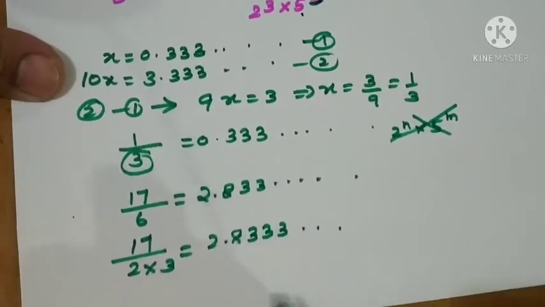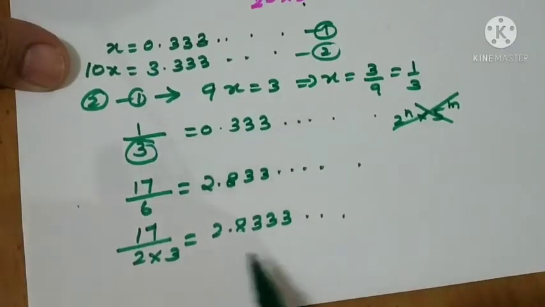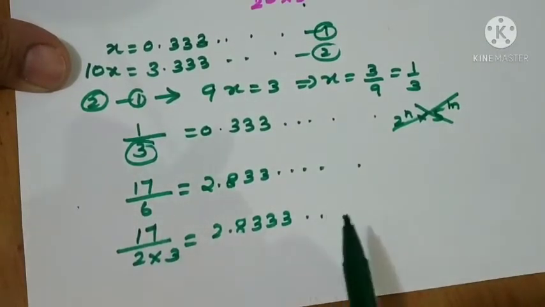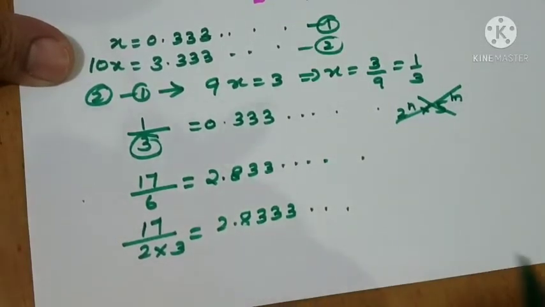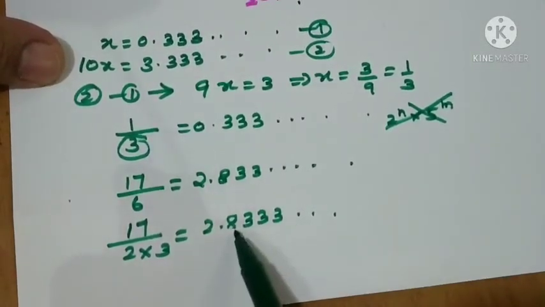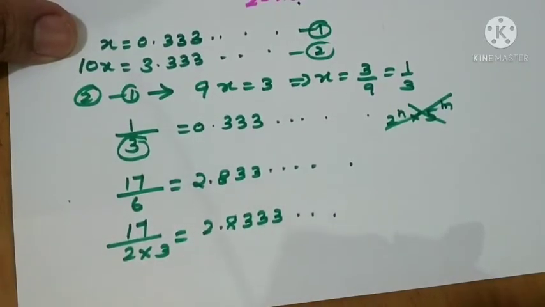So in the denominator, 2 is present, but 3 is also coming in addition to 2. 5 is not present, but 3 is an additional number other than 2. So we can say that it has a non-terminating, recurring decimal expansion only.